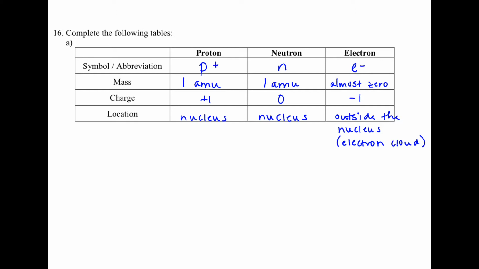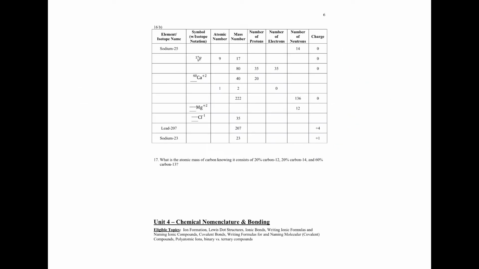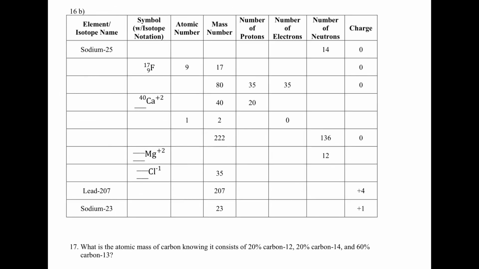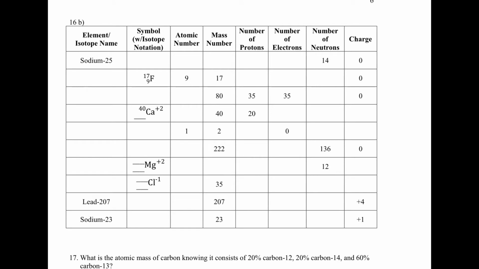Okay? So get your periodic tables ready as we go to question 16b, because here's where we have one of our proton, neutron, electron charts. So looking at our chart here, before we get into specific questions, let's remind ourselves of a few formulas that we were using to help us out with these. Okay? So the first thing we want to remember is that our atomic number and the number of protons are always equal.